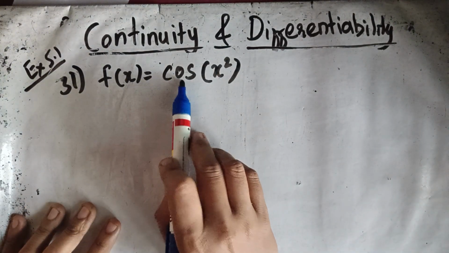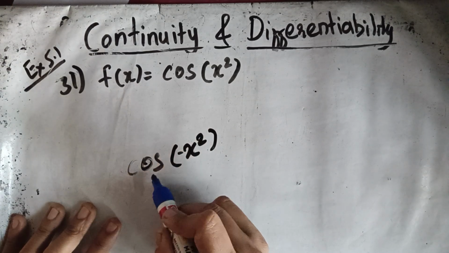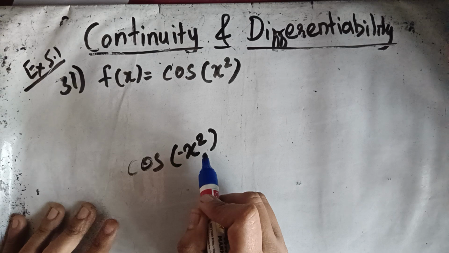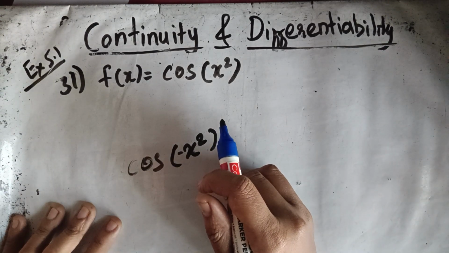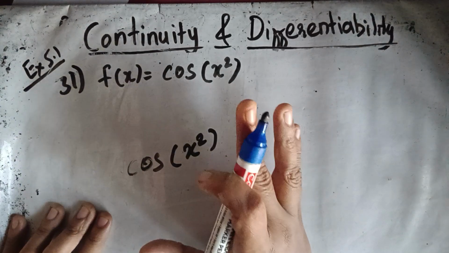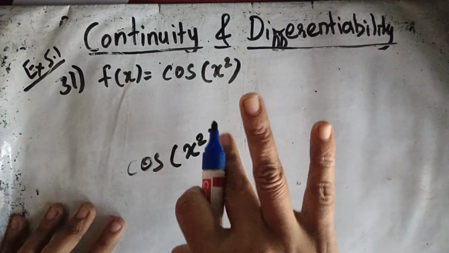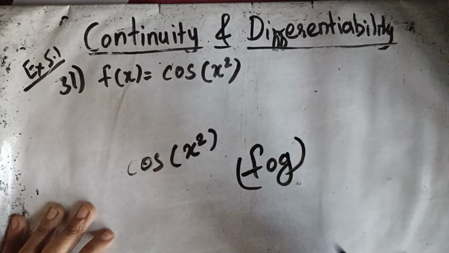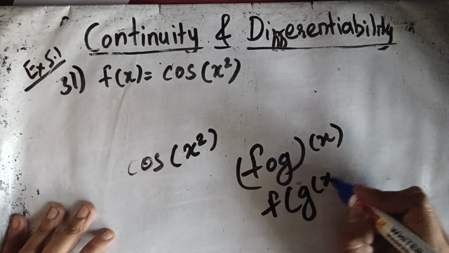Now here they have given cos of x square, that is, this is one function, this is one function. So there is a function inside some other function. So this is actually a composite function, right? Composite functions are where a function is inside another function, like f composite g of x, that is f of g of x, we write like that.